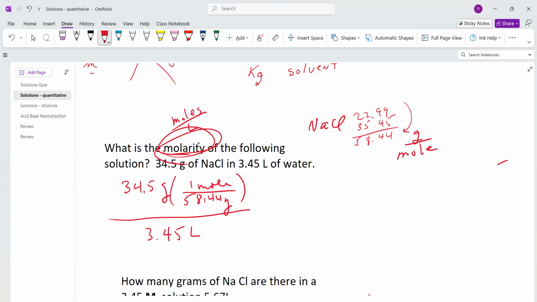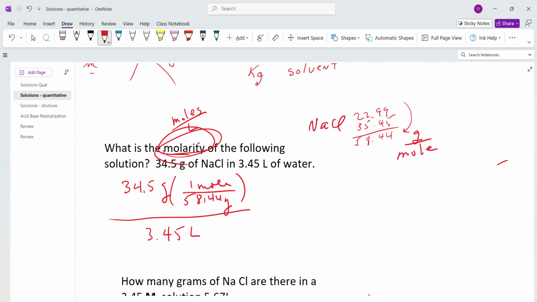So we're putting in dry 34.5 grams of sodium chloride. I'm not taking a concentrated liquid and diluting it. So when it's a dry calculation, think of it as a two-stepper. For those of you who are comfortable in math, you can do it all in one step. Okay, so let's do this.